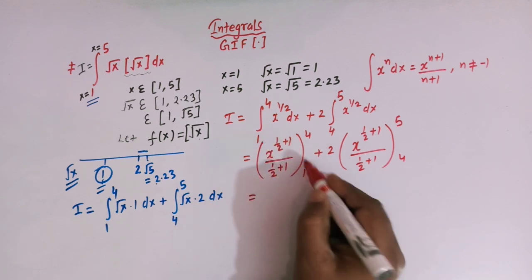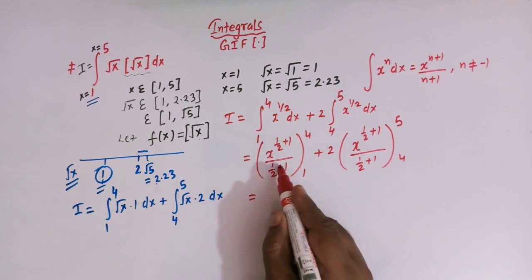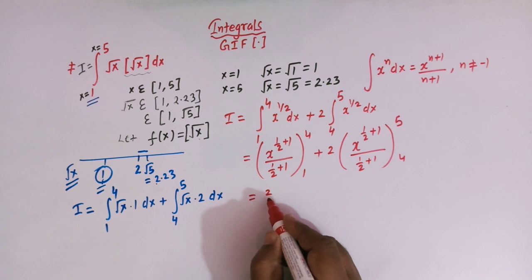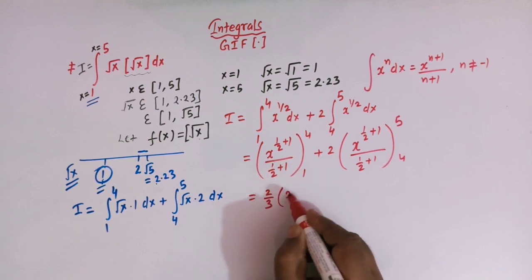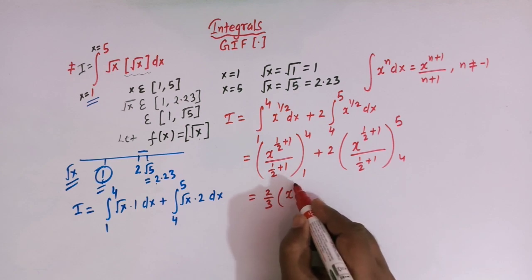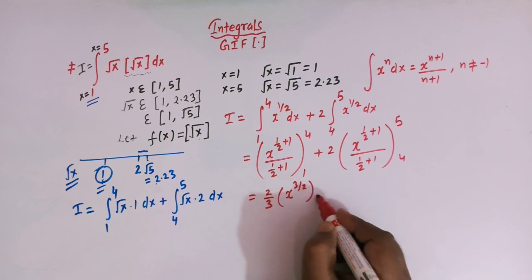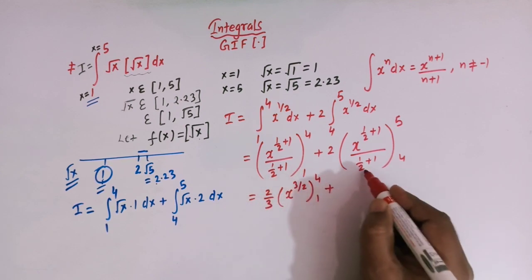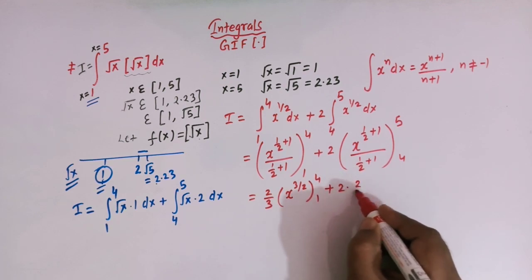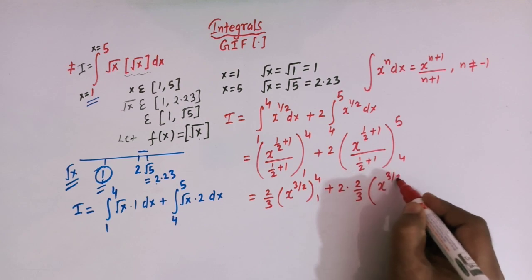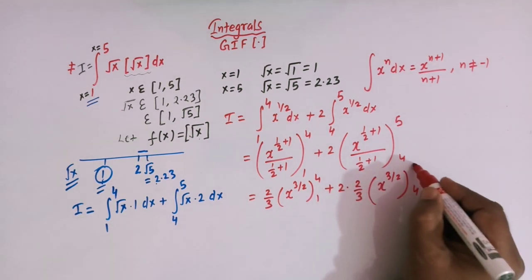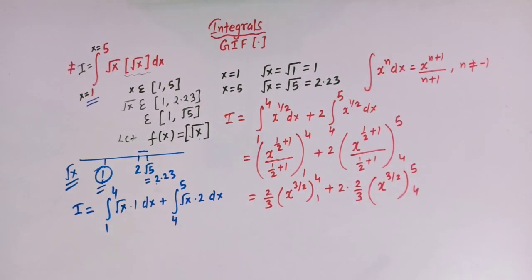So now we can simplify it. This is 3 over 2, so we can write it like this: 2 over 3 times x raised to 3 over 2, limits are from 1 to 4. Here we have 2 times 2 over 3 times x raised to 3 over 2, limits are from 4 to 5, right?